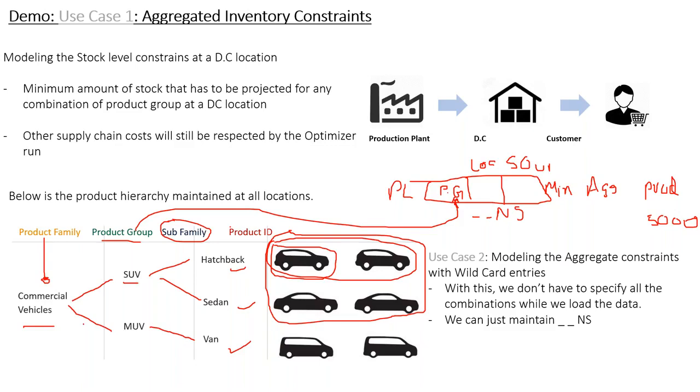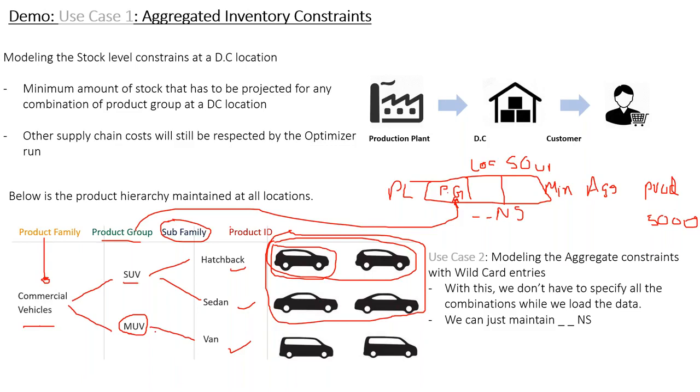Now he can also maintain commercial vehicle, etc. Let's assume that one plant is producing all these 6 products. So now here you can say for this plant and MUV, the maximum is 0. So now what happens?